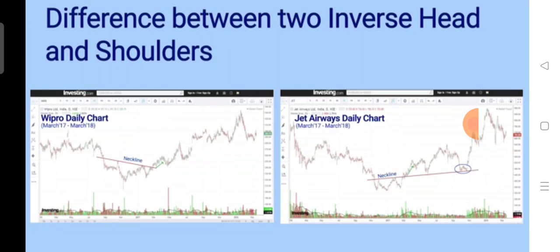So when you are taking a long trade in an inverse head and shoulder pattern, you should have a stop loss just below the nearest shoulder. As you have taken a long after the breakout from the neckline, a little bit lower than the nearest shoulder bottom should have been your ideal stop.